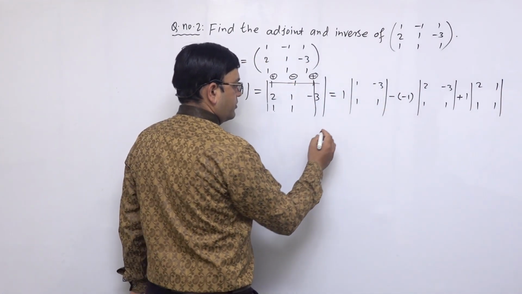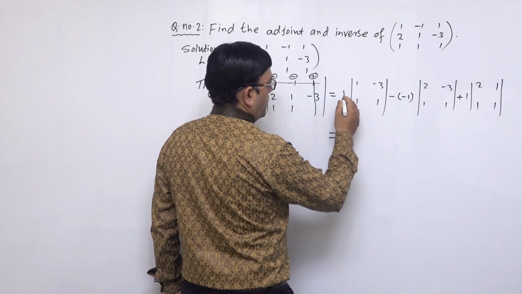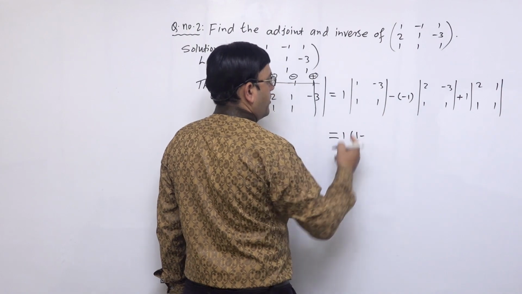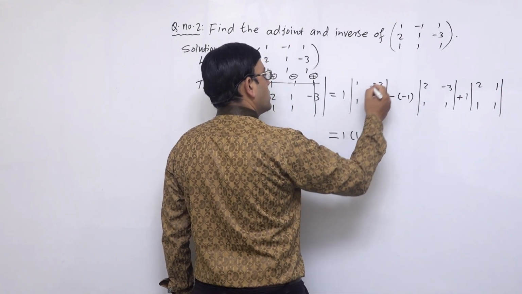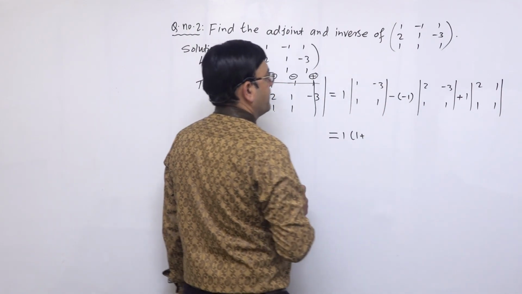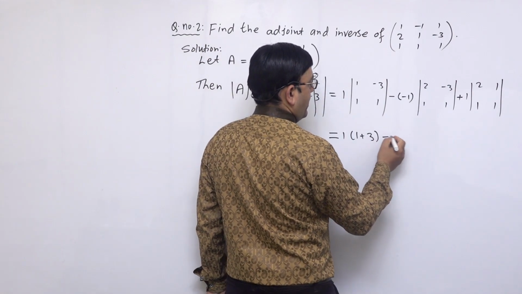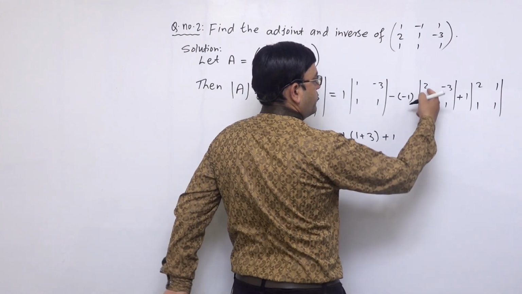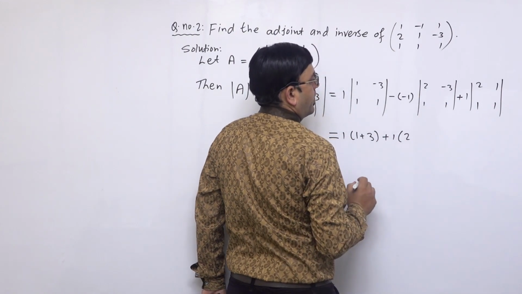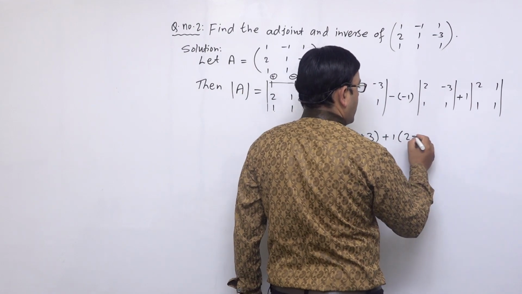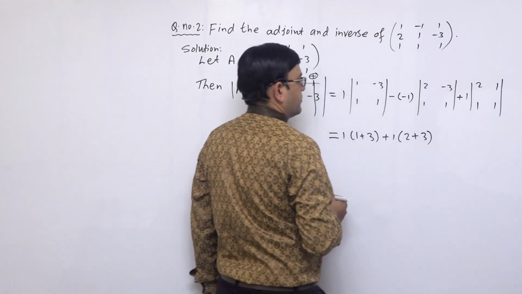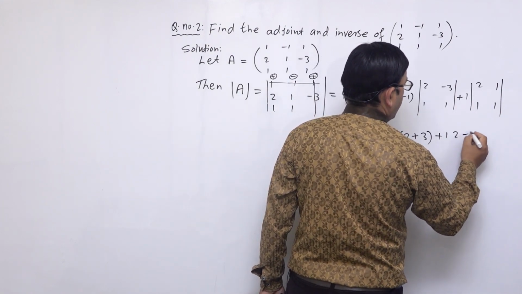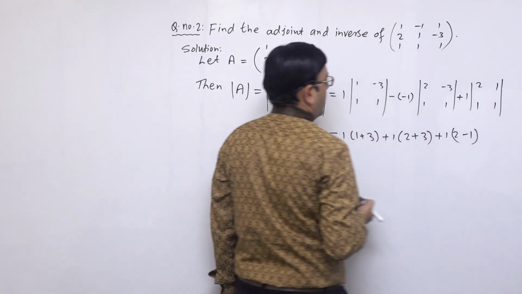Now this is equal to 1 times 1 is 1, minus, when it goes up there will be a minus sign, 3 times 1 is 3, minus plus 1 times, here 2 times 1 is 2, and then minus times minus is plus 3, plus 1 times 2 times 1 is 2, minus 1, 1 times 1 is 1.